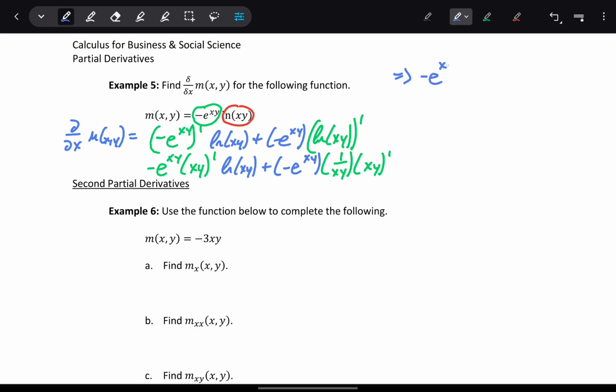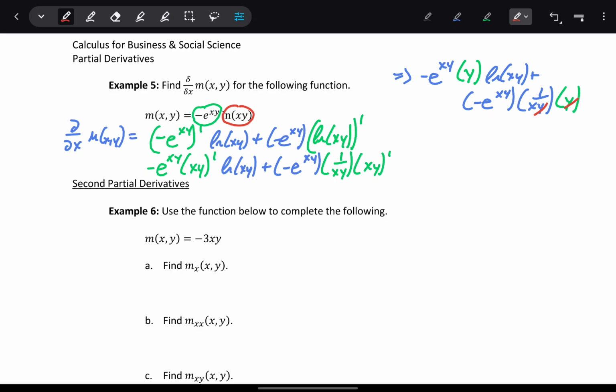So we'll get negative e^(xy) times the derivative of x times y with respect to x, which will be y. And in the second term, negative e^(xy) times 1 over xy times the derivative of xy, again with respect to x, will be y.